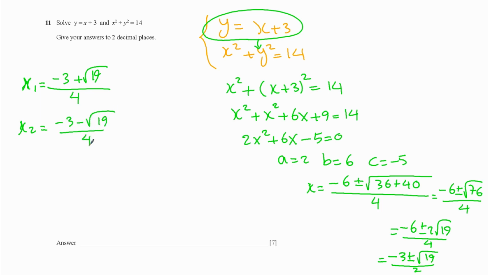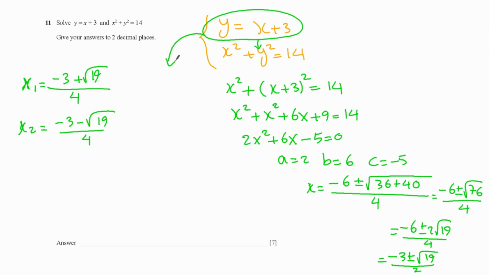But interestingly, I have a simple equation in here that I just need to use to find y, y equals x plus 3. Very simple. But before doing that, because the question says give your answers to 2 decimal places, and we have the square root of 19, we didn't get a whole number in here; we will have a decimal number.